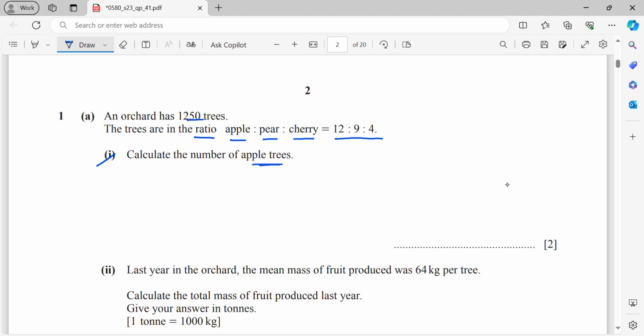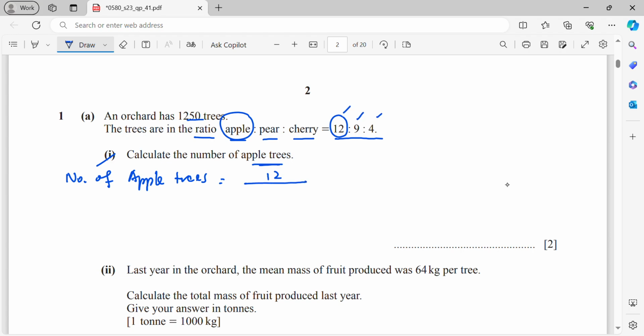Okay, so from here I know the number of apple trees. The ratio of apple is 12 over the total. I mean, this is the fraction.